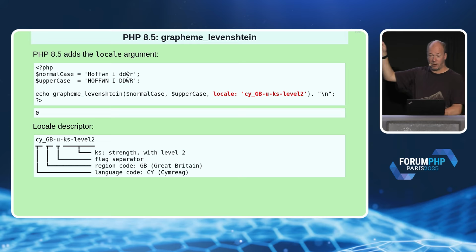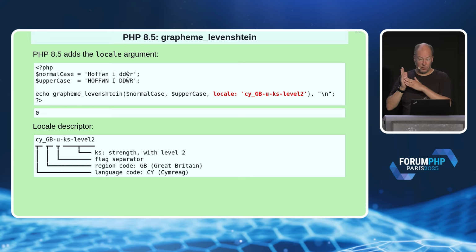Like in this case, CY is Welsh in Great Britain. Then you have this flag separated EU, and then the Unicode standard allows you to attach lots of different flags to that. The one that I've done here is the strength, and the strength basically means which characters should be considered the same. So with strength 2, for example, uppercase and lowercase variants of the letter are the same. If you do strength 1, then letters with accents are also considered the same variant and stuff like that.